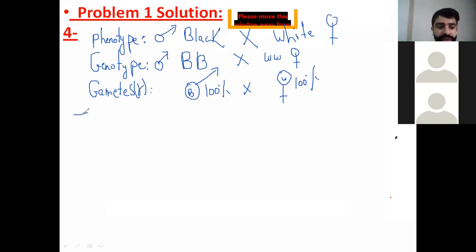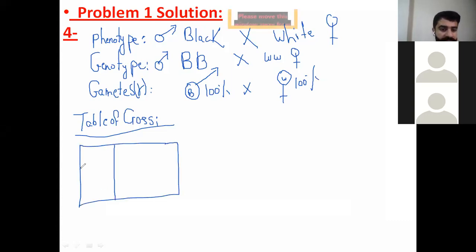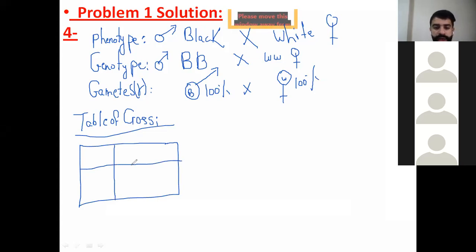Now we have to write the table of cross. Sure, the table of cross should be drawn using a pencil. If it's not in pencil, I'm going to cross it, and it should be filled using a pen. We have to draw the table and divide it into male and female.